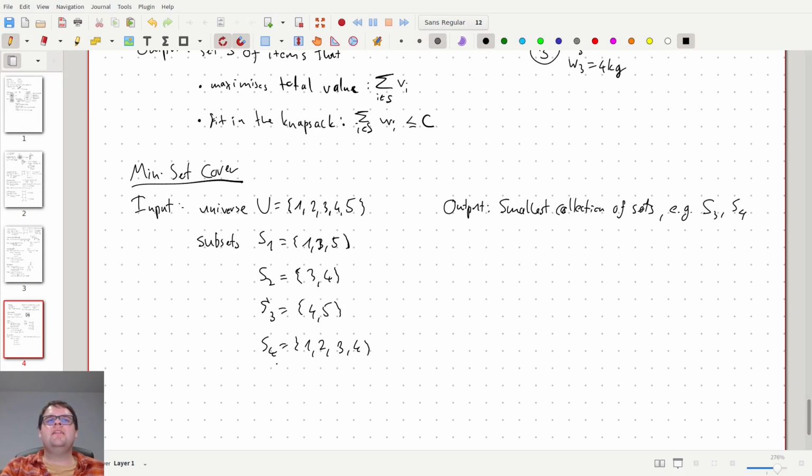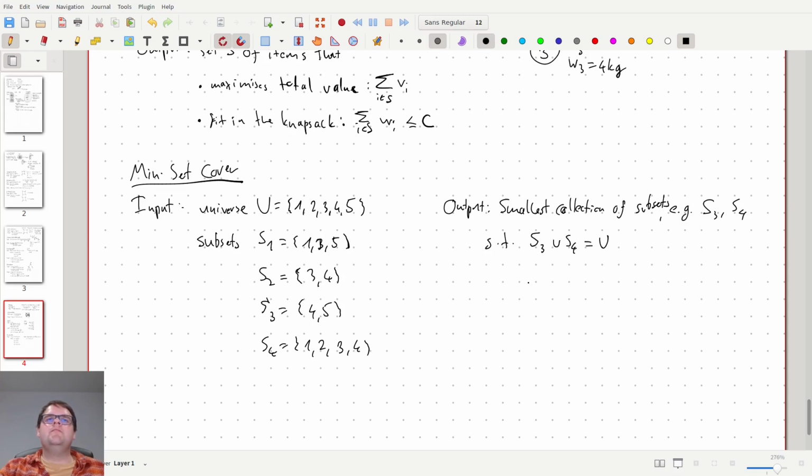So you're picking S3 and S4 out of this list of subsets, such that they cover the entire universe. So the union of S3 and S4 is going to be U, right? In this case, you get 1, 2, 3, 4 from S4, and then you get the 5 from S3. So you're kind of trying to find out which ones do that.